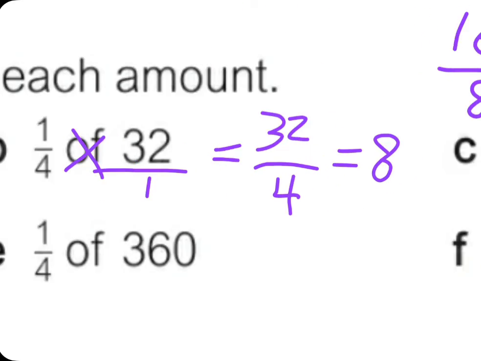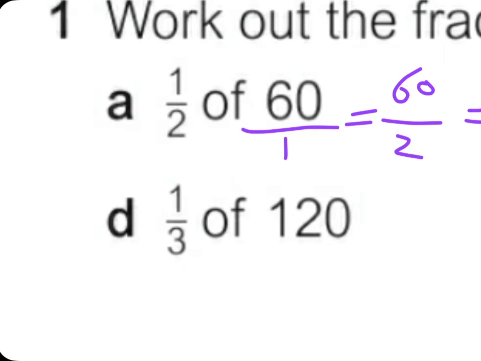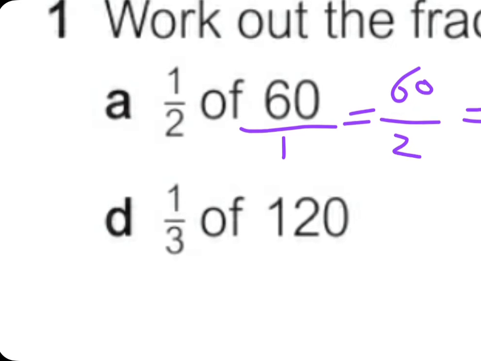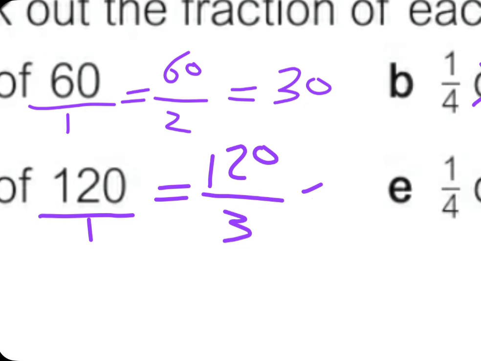And then question D. 1/3 of 120. Same idea. We will say there's a 1 here, and the answer will be 120 divided by 3. And 120 divided by 3 equals what? Very good, 40. Good job.